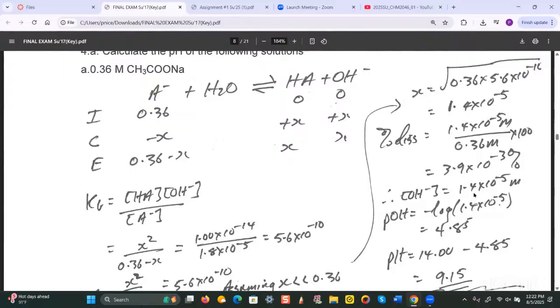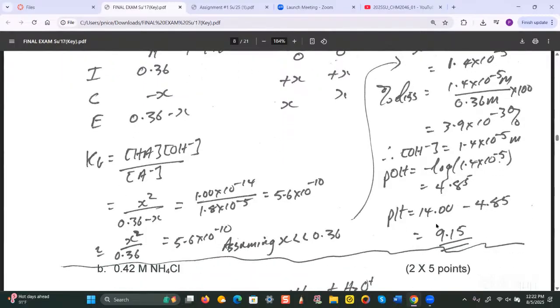And then we find the pOH, which is minus log of 1.4 times 10 to the minus 5. And then based on that value, we can easily find the pH, which would be 14.00 minus the pOH. And that's how we get the 9.15 right here as the answer. All right, so that's basically how that is done.